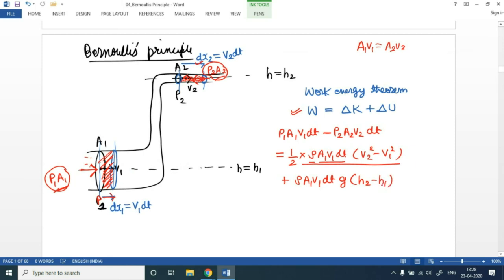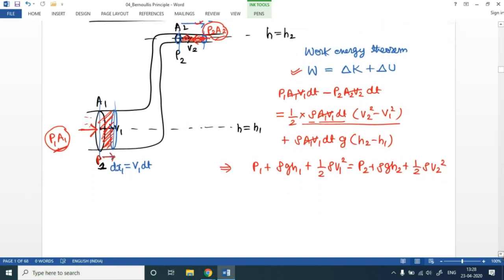Throughout, since A1 v1 is equal to A2 v2, this term is going to get cancelled. And when you rearrange this equation, you will get P1 plus rho g h1 plus half rho v1 square equal to P2 plus rho g h2 plus half rho v2 square.